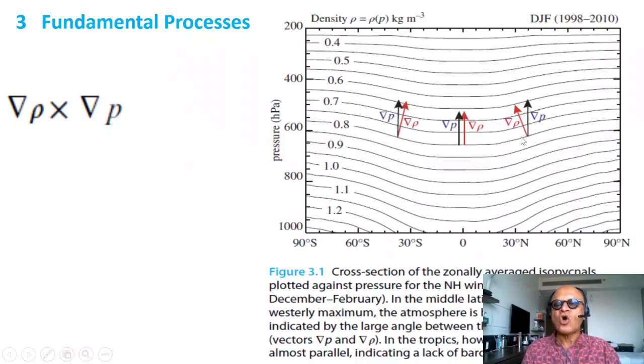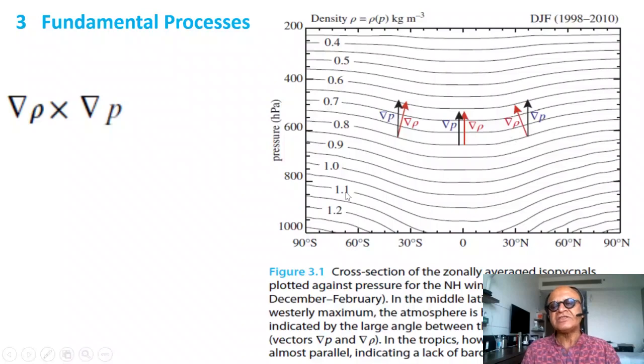And as you go off the tropics into mid-latitudes, you begin to have the grad p and grad rho intersecting with each other. And the winter hemisphere will have a greater angle between grad p and grad rho because the equator-to-pole temperature gradient, baroclinicity, and so on increase.